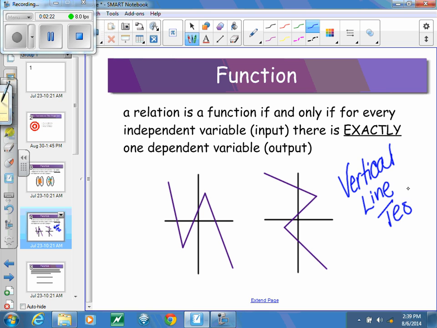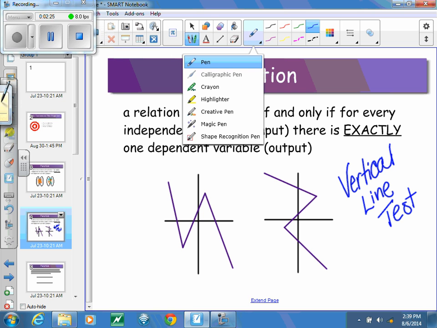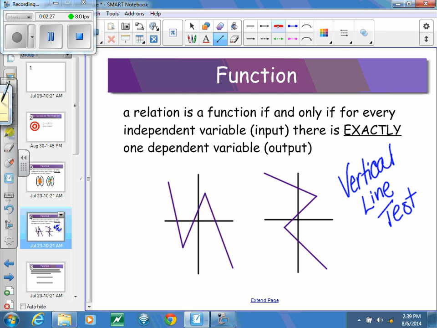The vertical line test can be used to figure out if you have a graph that is a function or not. And all it takes is just drawing out a vertical line and then moving that vertical line throughout the graph. As long as that vertical line only touches your graph at one point, that means that your graph is a function, because for each x value you have exactly one y value.